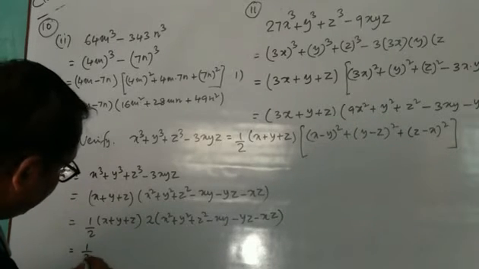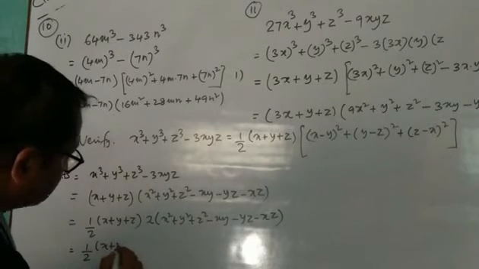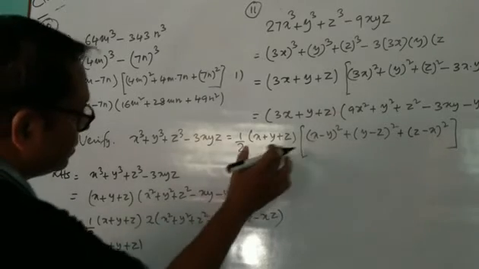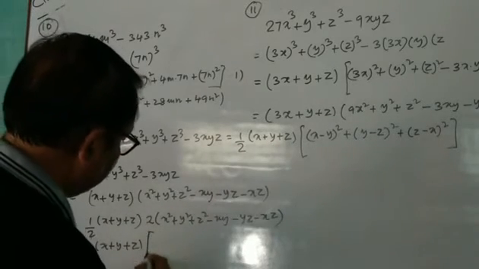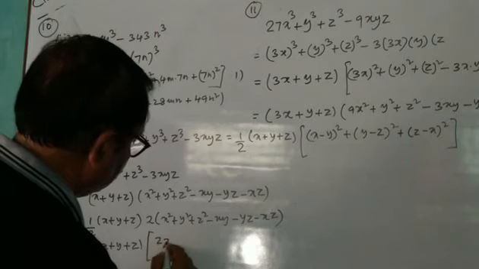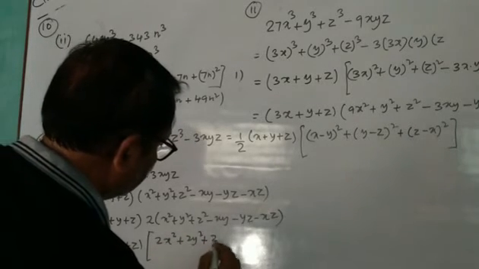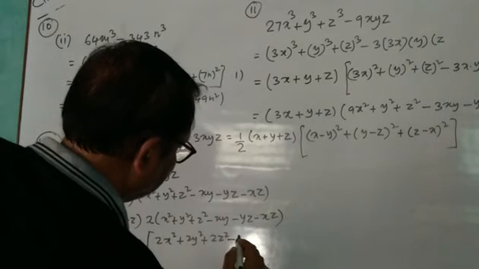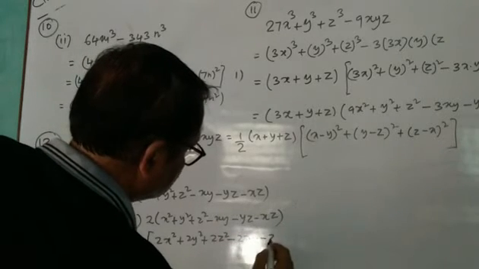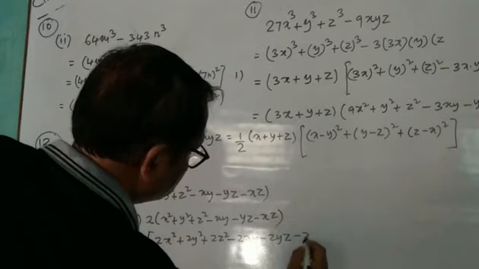You keep 1 by 2, you keep x plus y plus z, this is one part, and you multiply each term with 2: 2x square plus 2y square plus 2z square minus 2xy minus 2yz minus 2xz.